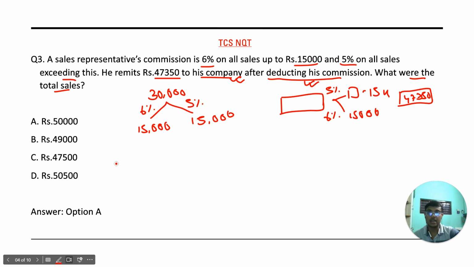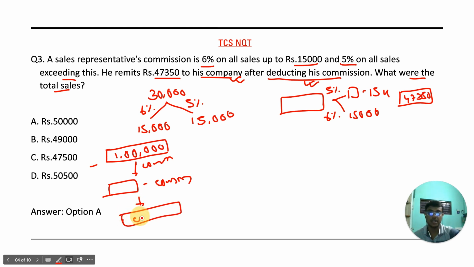Now, to approach this question, we can do two things. One, we would take an arbitrary value. Let's say we take an arbitrary sales of 1 lakh. Then we would calculate the commissions on this amount and subtract the commission amount from the given amount to get the amount that he remits to the company.